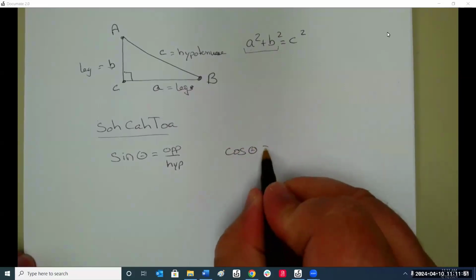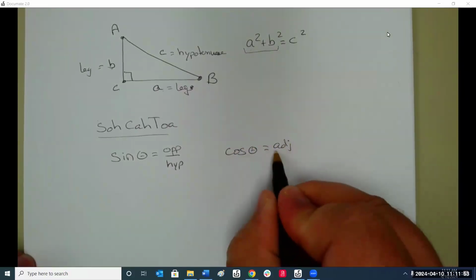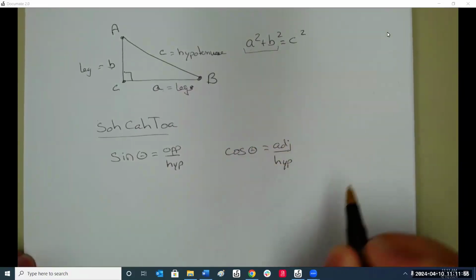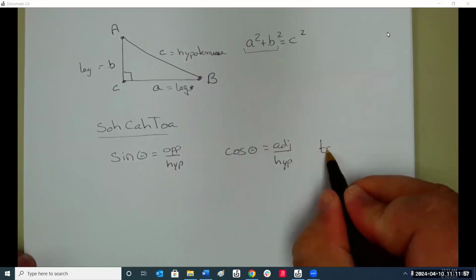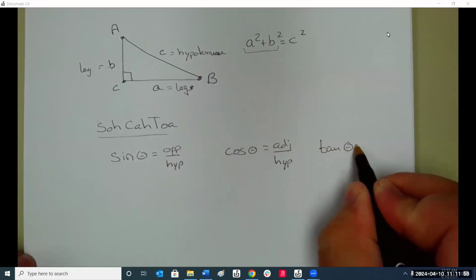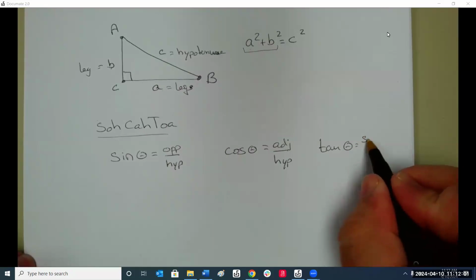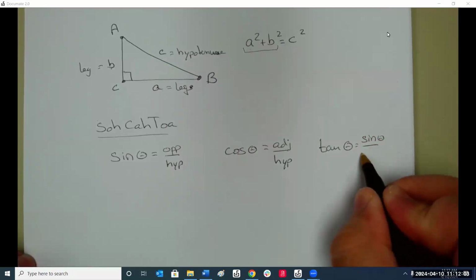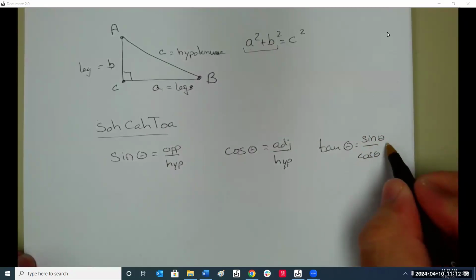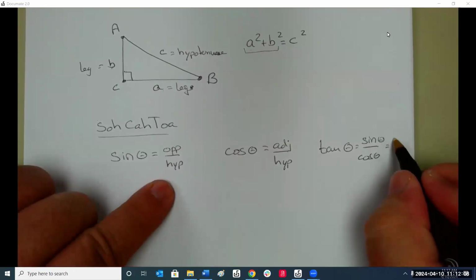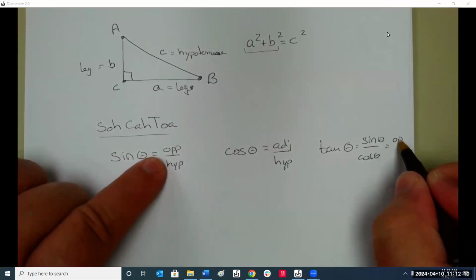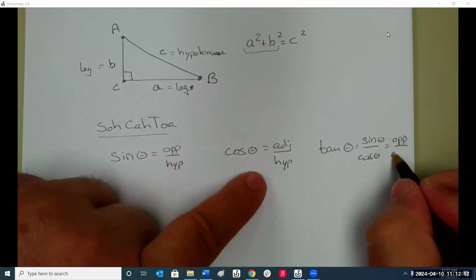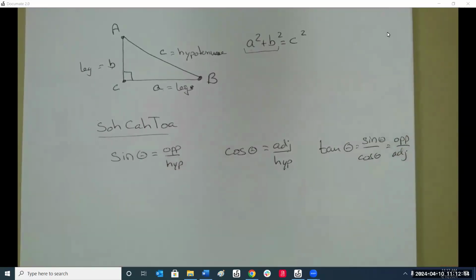Cosine of theta is equal to the adjacent over hypotenuse. And tangent is equal to sine over cosine, which is the opposite over the adjacent, because the hypotenuse cancels.